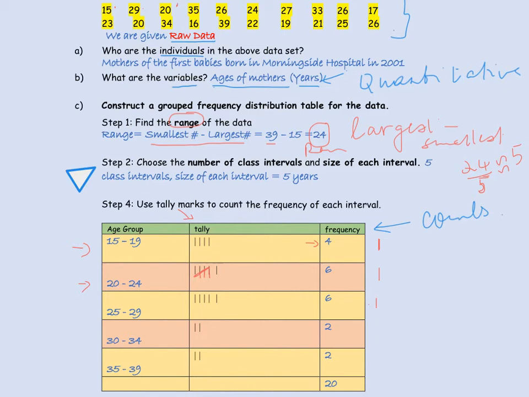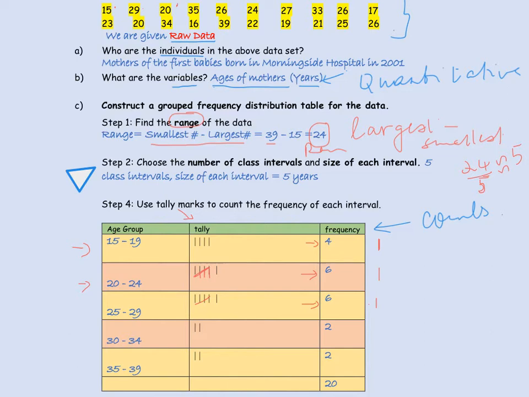So 5 plus 1 is 6. So we have 6 people in the age group of 20 to 24. In the age group of 25 through 29, we have 5 plus 1, 6 again. So the fifth tally mark goes across the first 4, so it forms a bundle of 5.